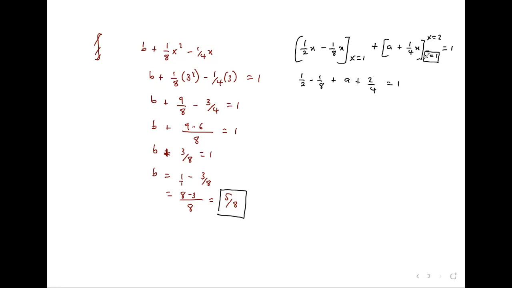Because if we use it, A will go. So let's see now. 8 down. Then we got 4 minus 1 plus 4 plus 8. That is 7 over 8.